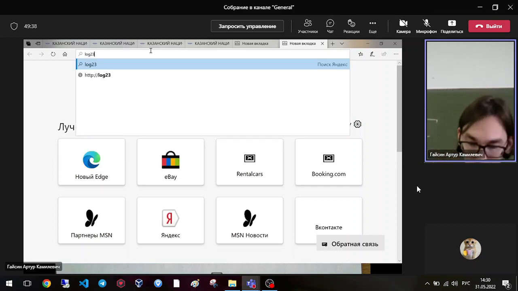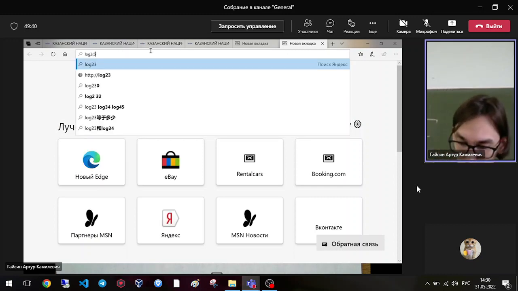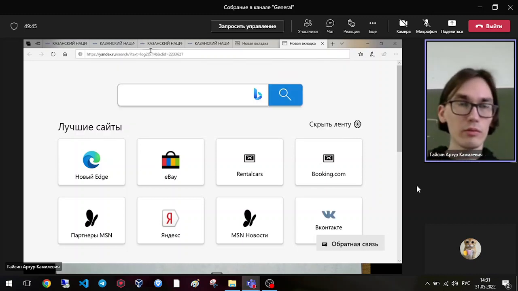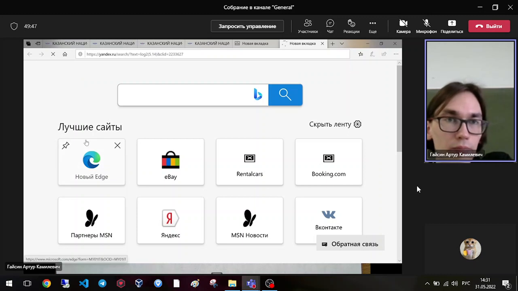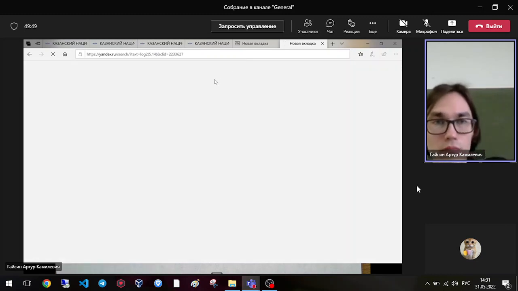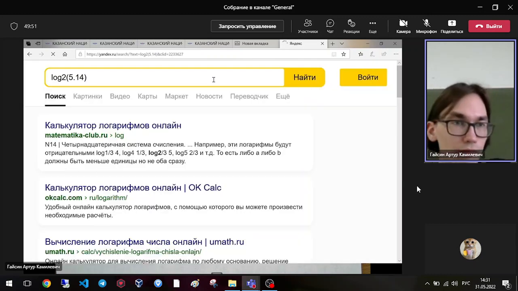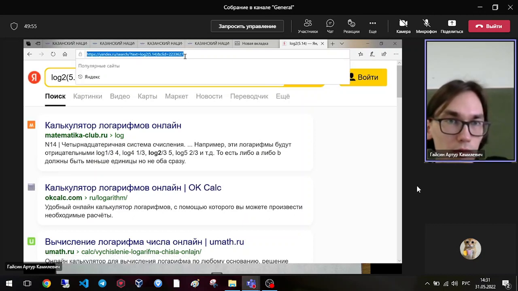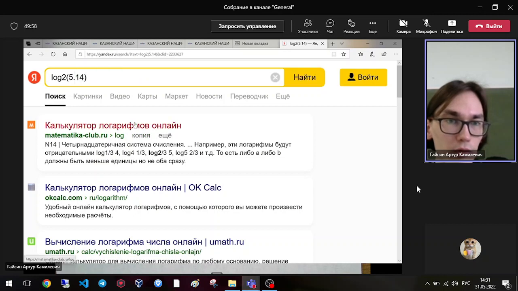Base 2, 5.14. So or maybe we should use Google for it.